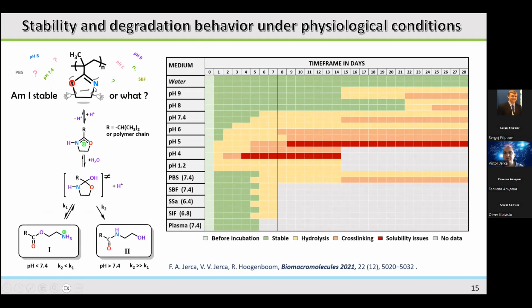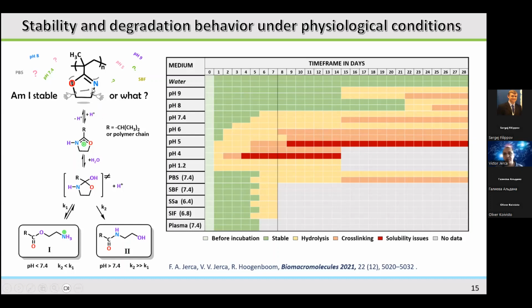Because oxazolines are known to react with various nucleophiles, and the monomers are known to be quite water unstable, we also performed some stability tests and tested the degradation of this polymer under several conditions. What we observe is that it's quite stable in water and at basic pH, especially at pH 9, while at acidic pH, as expected, it can be hydrolyzed.